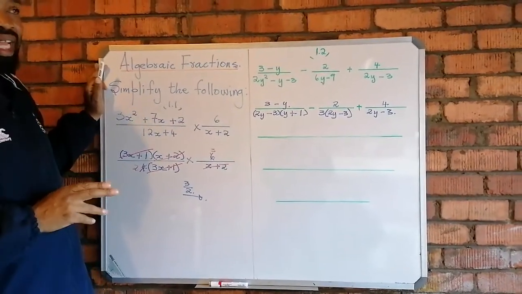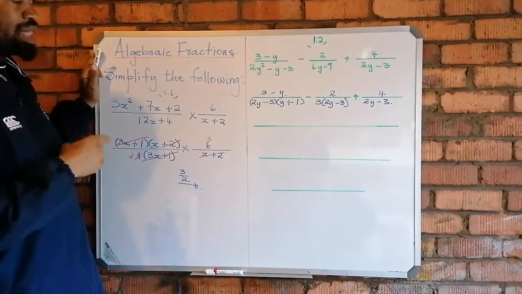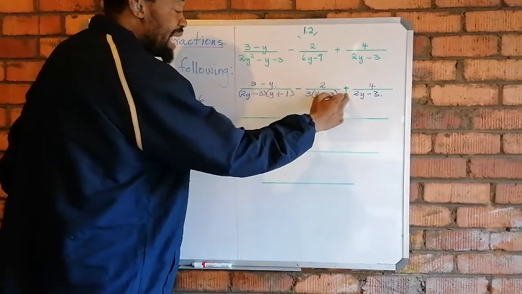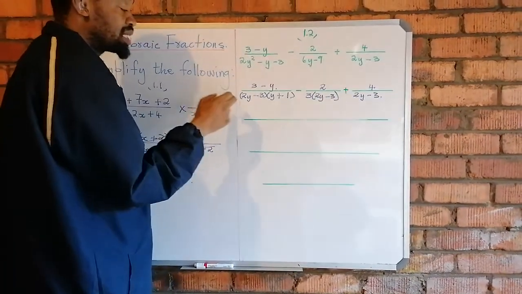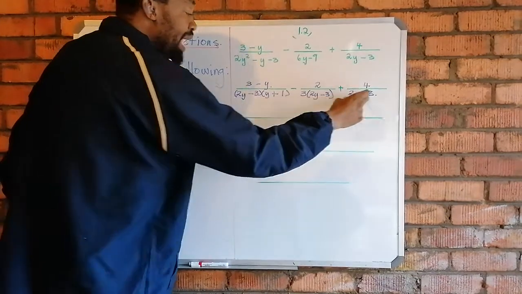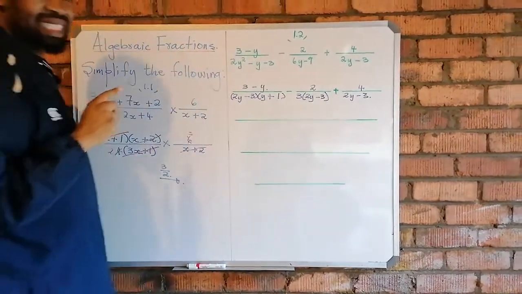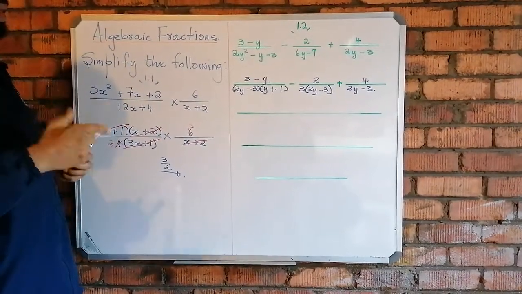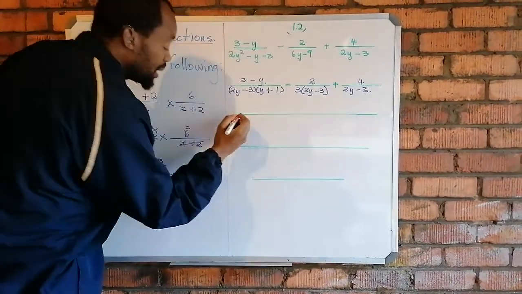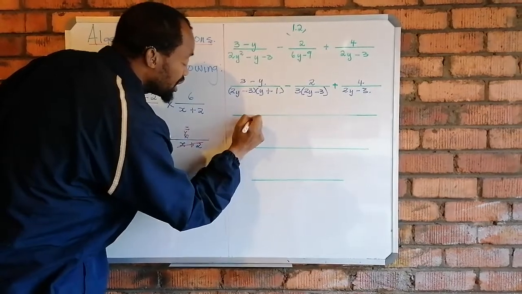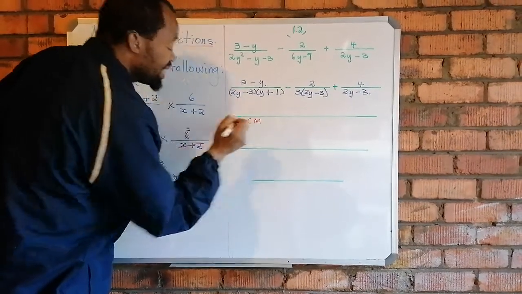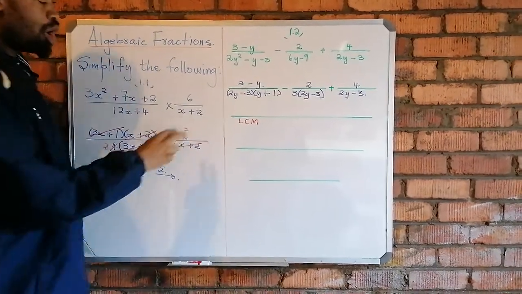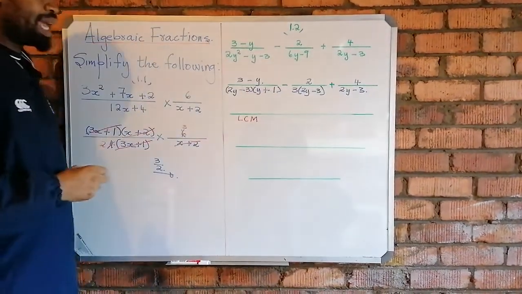Now, let's get to the operation that we are dealing with there. You are subtracting and adding fractions with denominators that are not exactly the same. What is required then? Remember, back then, what you did was to determine the lowest common multiple of all the denominators.